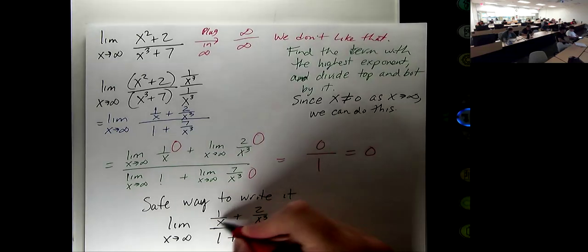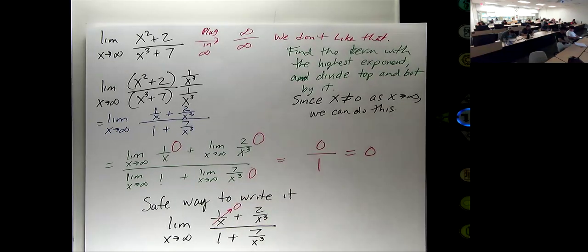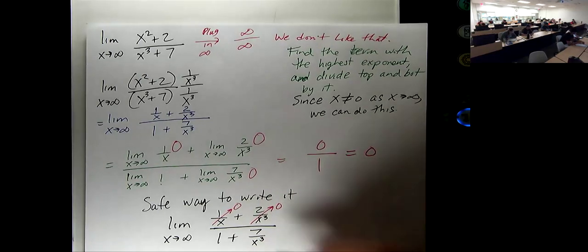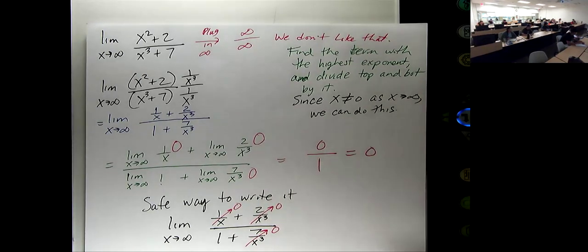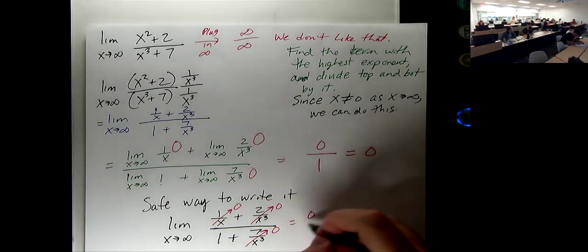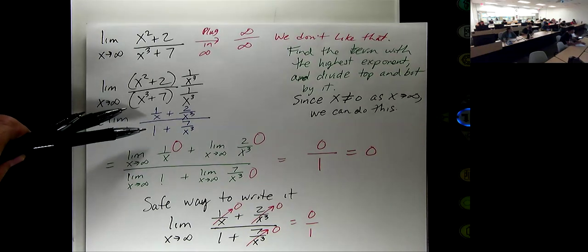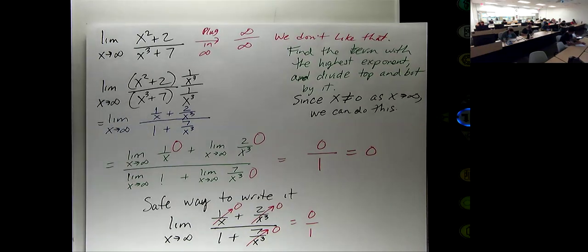The way to show that it's going to 0 is to draw an arrow through it, pointing like it's going to 0. This is going to 0, this is going to 0, and that's going to 0. I could have written that directly over this and you could save yourself a lot of paper, a lot of work.